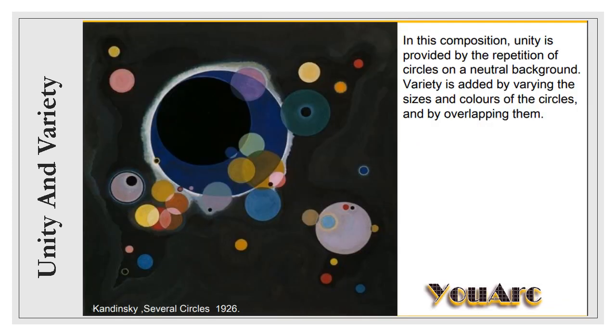So in this particular figure, we can see this unity is provided by repetition of circles on the neutral background. So the circles are repeated, that is the shape is repeated. What is variety here? Variety by size and variety by color by overlapping them. So variety is created with color and size, whereas unity is created with the shape.